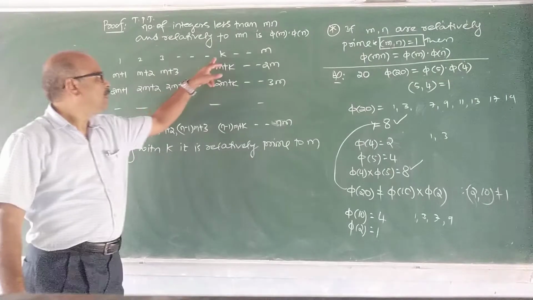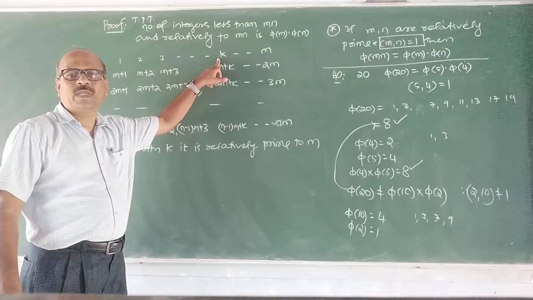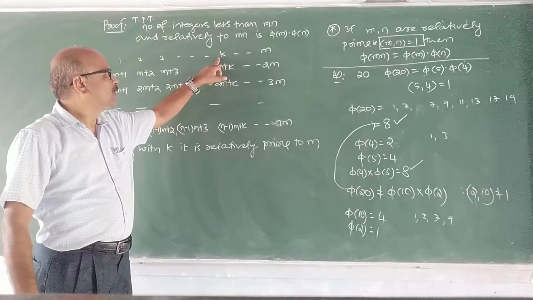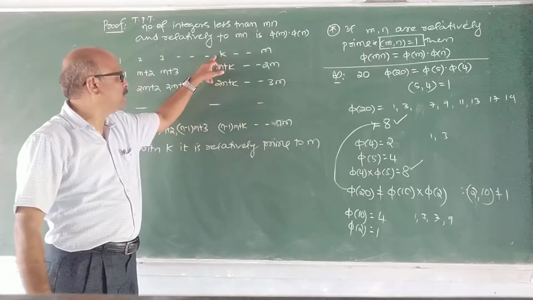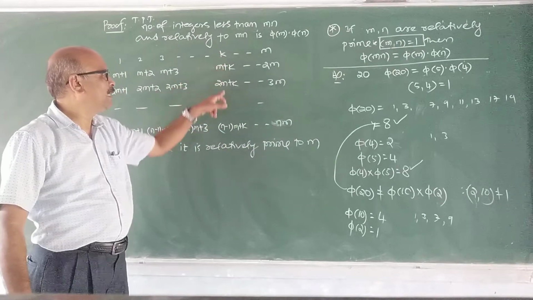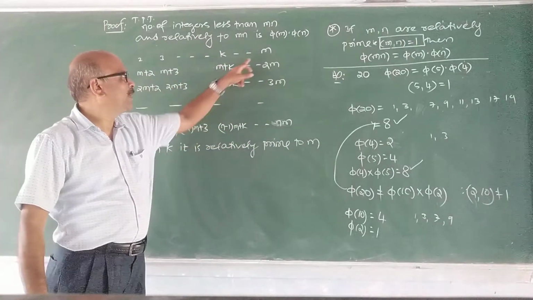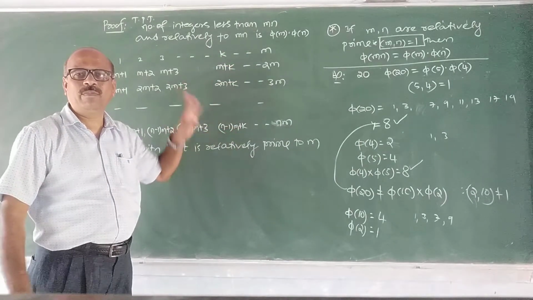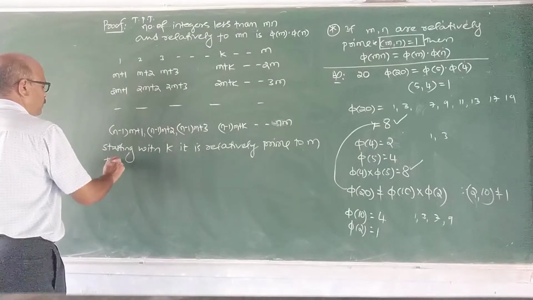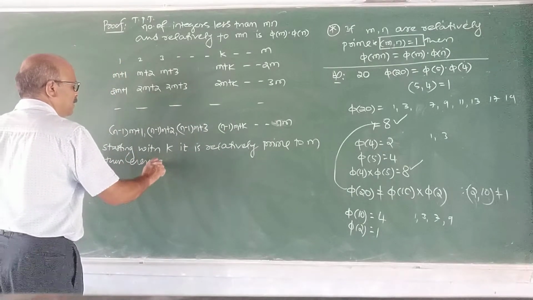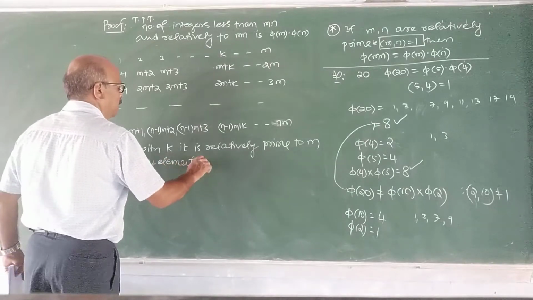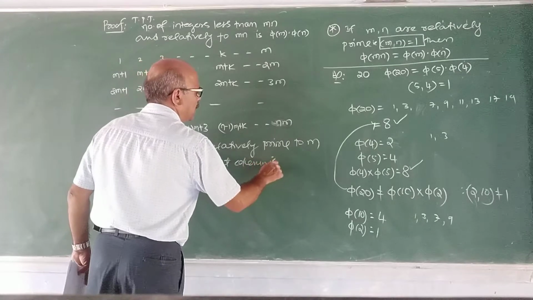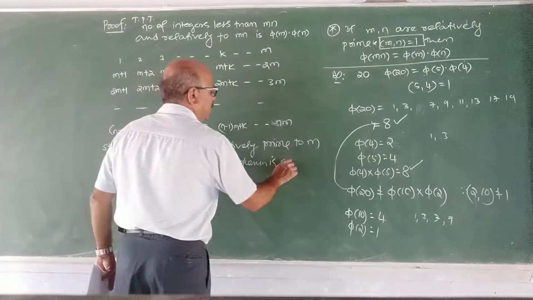Now suppose we consider the column starting with k. Suppose it is relatively prime to m, then what happens? Every integer lying in that column is relatively prime to m, because it leaves the remainder k when divided by m. Then every element in that column is co-prime to m.